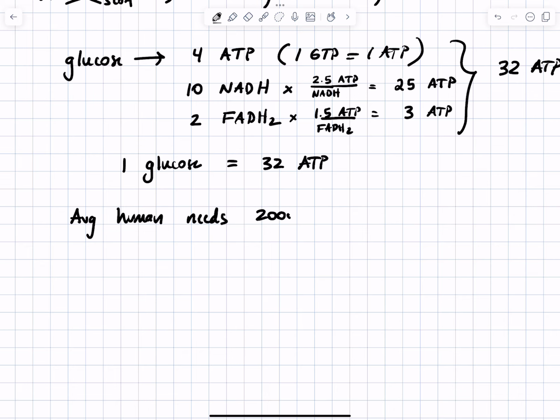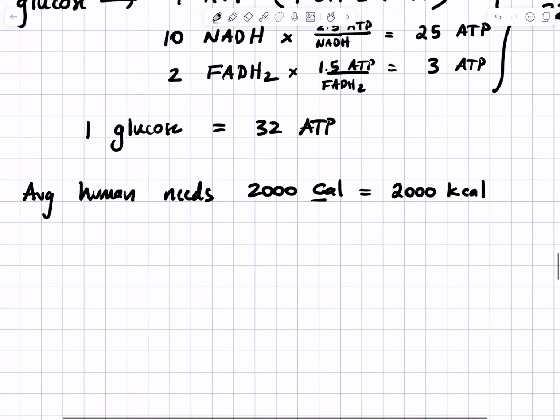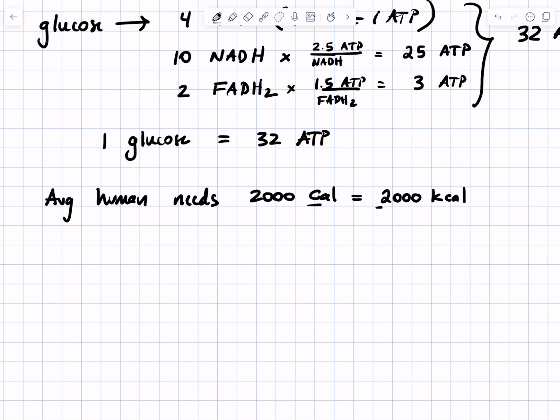Now, the calories that we talk about when we are talking about food are capital C calories. That's actually equal to 2,000 kilocalories, little c's. Okay? So an average human needs 2,000 kilocalories. Now, that energy is going to come in the form of ATP, being the driving force for various reactions.